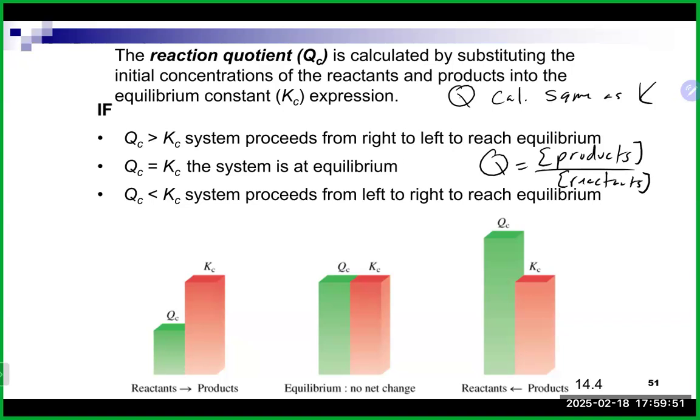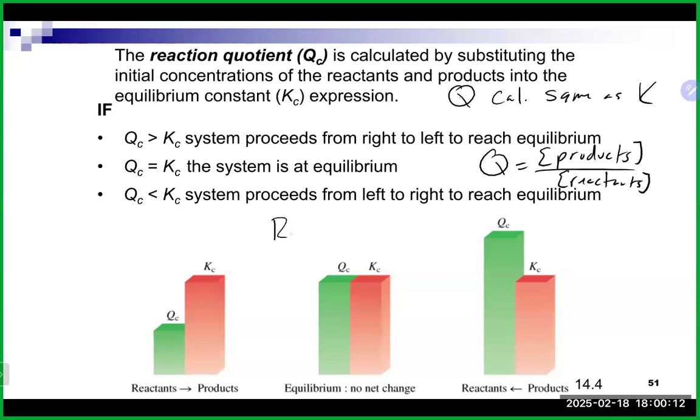If Q is equal to the K value, then your system is at equilibrium. If Q is less than the K value, your system is not at equilibrium, and in order to reach equilibrium, you need to make more products.